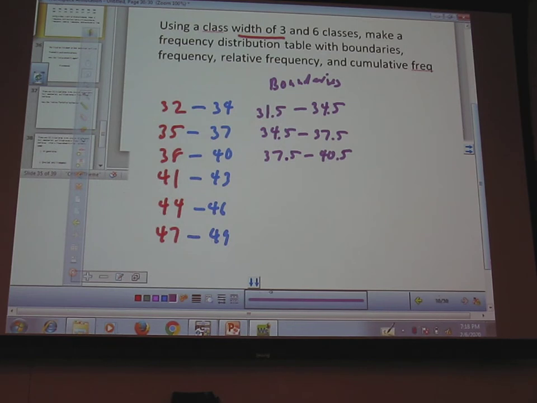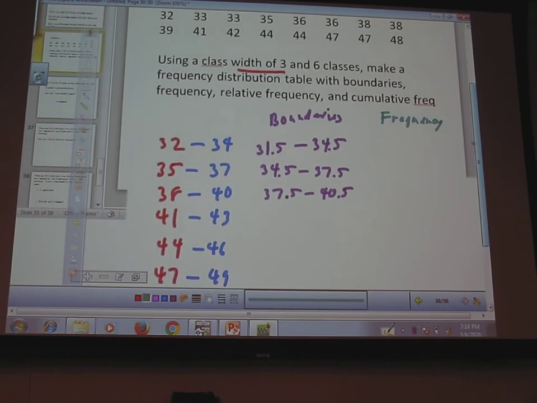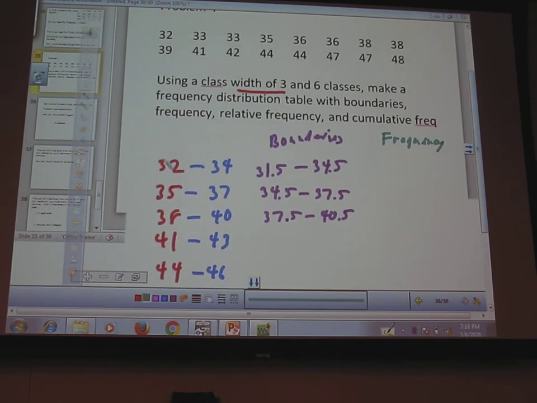The next step is frequencies. So then I got to look up here and say, okay, between 32 and 34, that's these 3. There's 3 of them. Between 35 and 37, there's 3 of those.